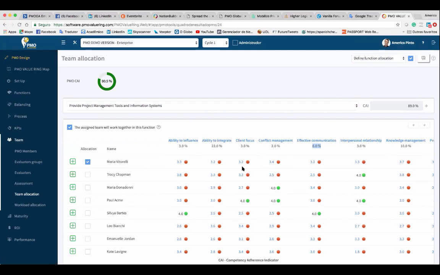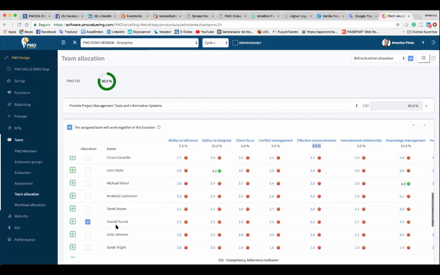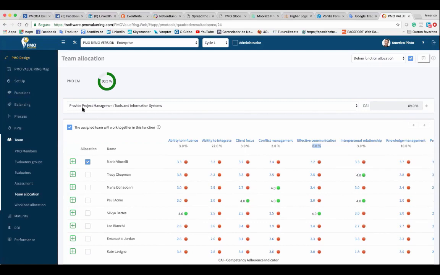All right, so the last thing that you have to do is, okay, I assign Maria, for example, and I assign Harold to this function, provide project management tools and information systems. But I haven't said the workload of these people in this function.